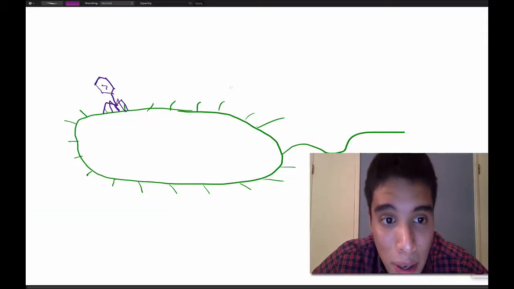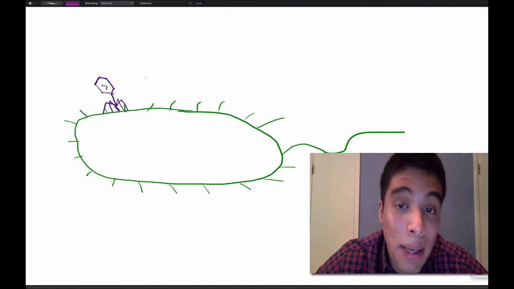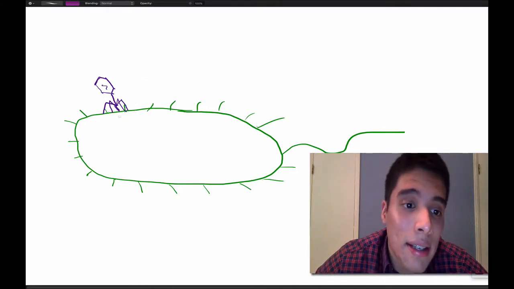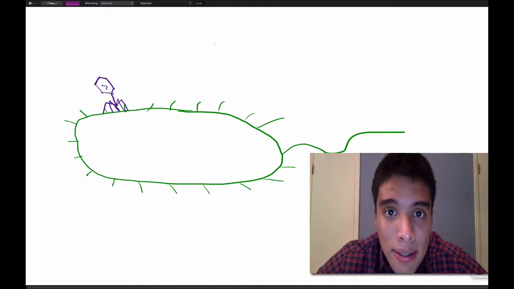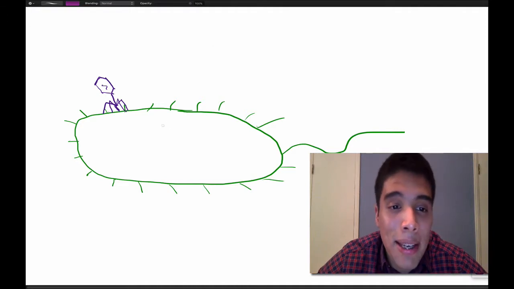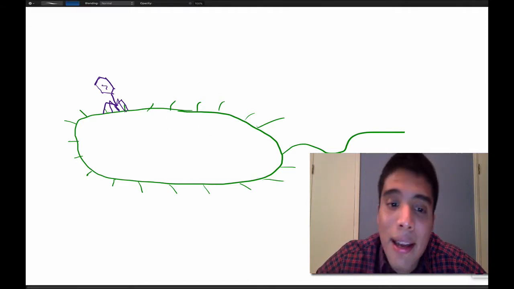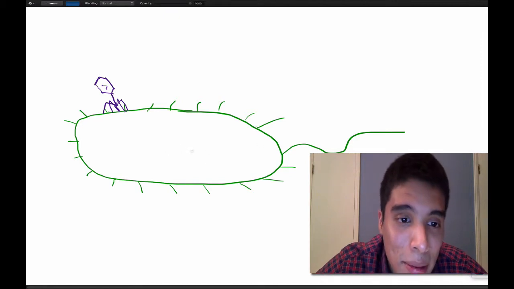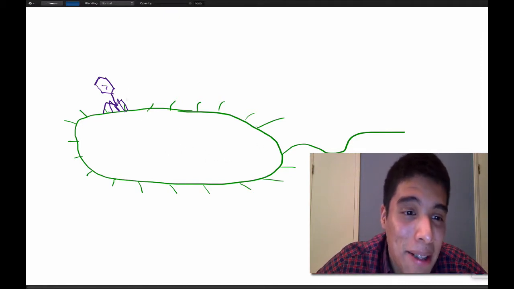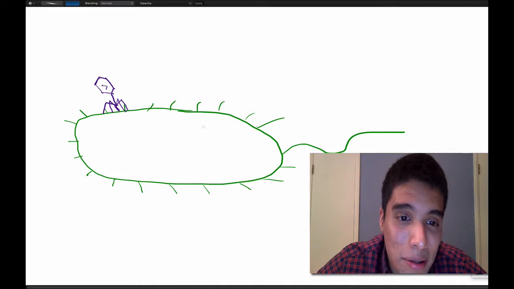So here I'm going to show you how this process works in a bacteria, because that is where they discovered this process. Here I have crudely drawn out for you a bacteria, this little potato-looking structure, with a bacteriophage. Let's just draw its DNA right here really quick.